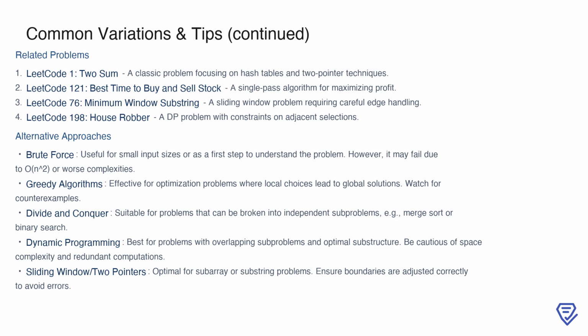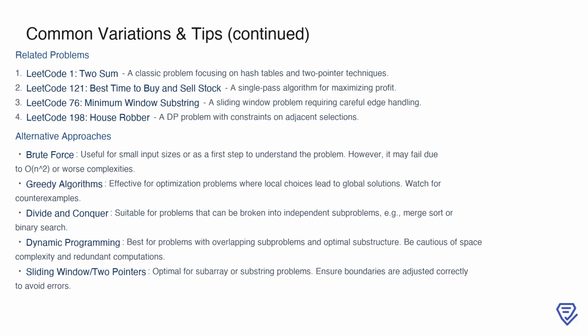When approaching problems, you might also consider alternative strategies. Brute force is a great starting point for small input sizes or when you're trying to understand the problem, though it may fail for larger inputs due to high complexity. Greedy algorithms work well for optimization problems where local choices lead to global solutions, but always verify with counterexamples to ensure correctness.